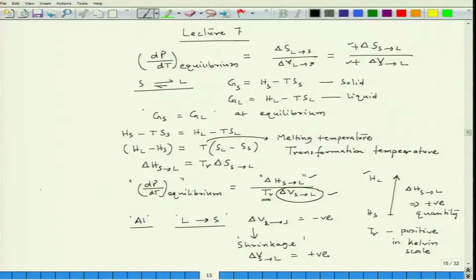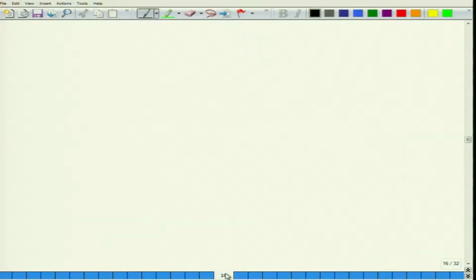That means, if I try to plot pressure and temperature, the slope would be positive. But in case of water, ice has got a molar volume which is more than the molar volume of liquid water.